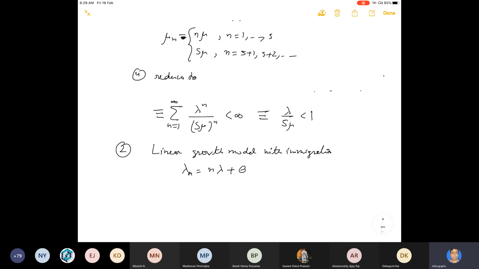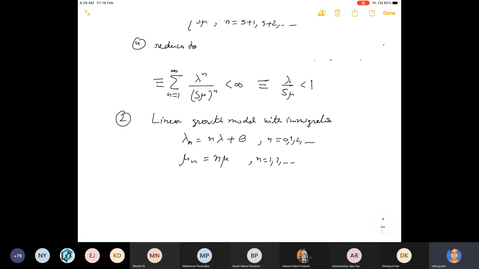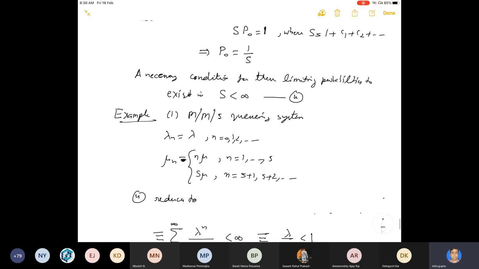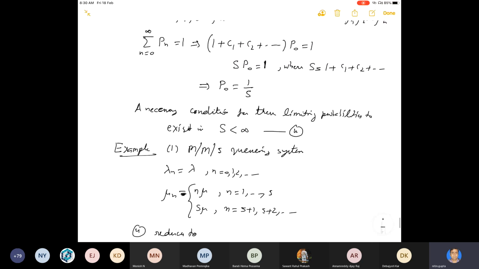That parameter is theta for n is 0, 1, 2, and so on. Each person can also die with exponential rate mu, so mu n is n mu. Therefore, in the same fashion, this U reduces to 1 plus c1, lambda naught by lambda 1.